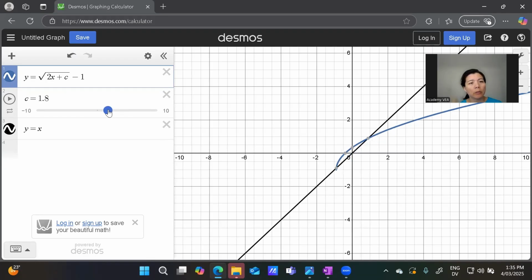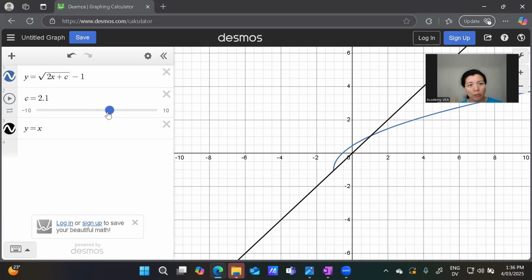If I go to the right and make c larger, you do find there is a point where here it has two solutions. And it's just above 2.